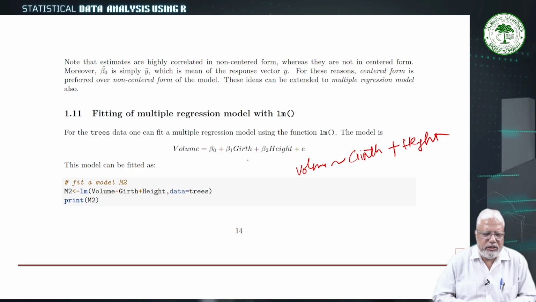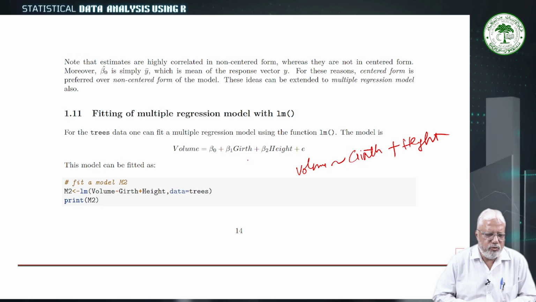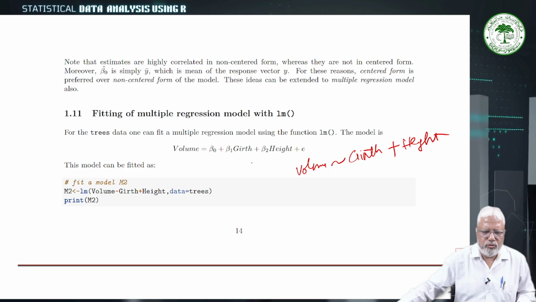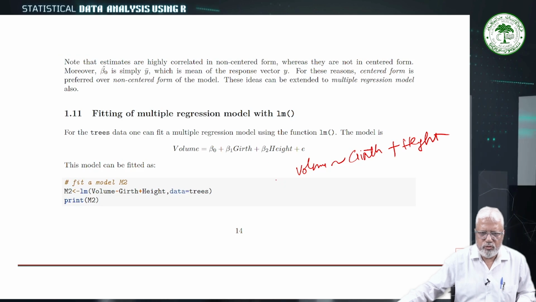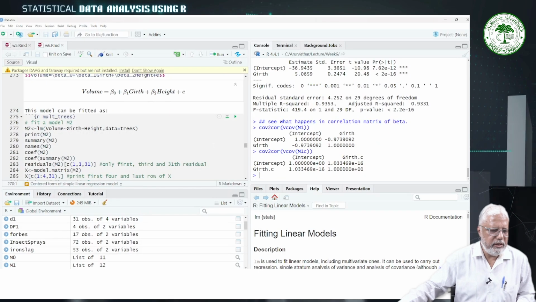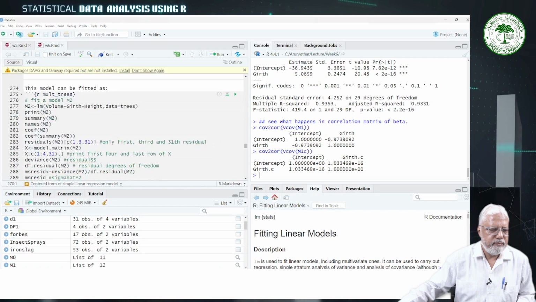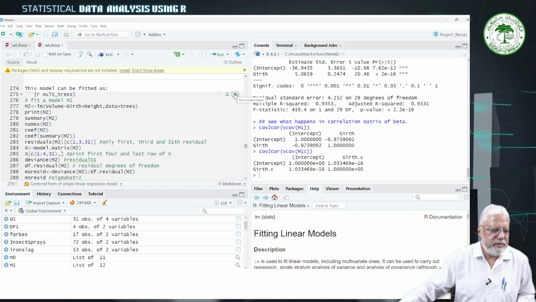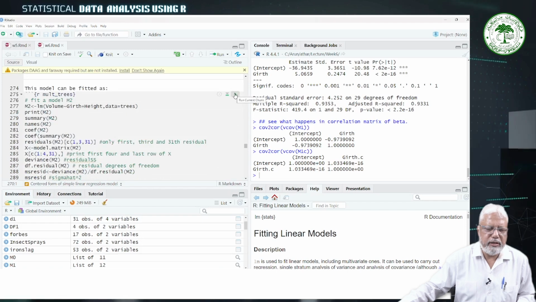So, that is a great contribution by Wilkinson and Rogers. So, we will go to see here. If we run these things, we will get the results.